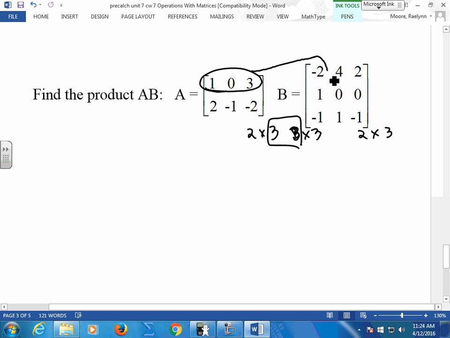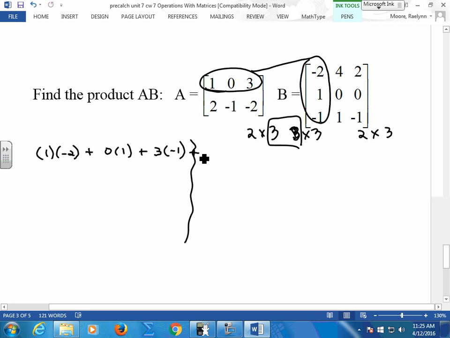First row, first column. So 1 times negative 2. Just put pluses in between. Then what? 0, 1. 3, negative 1. Take a break. How many of these breaks are we going to have? 3.